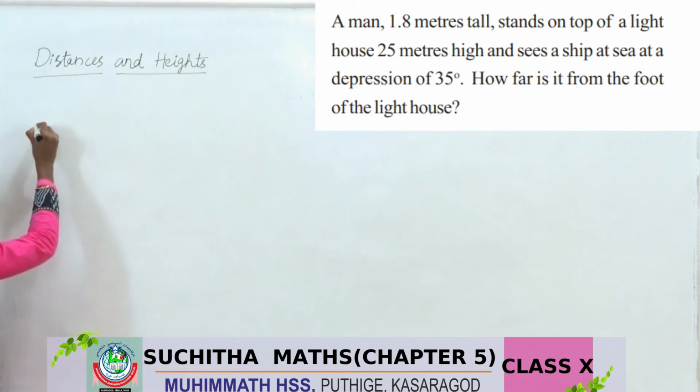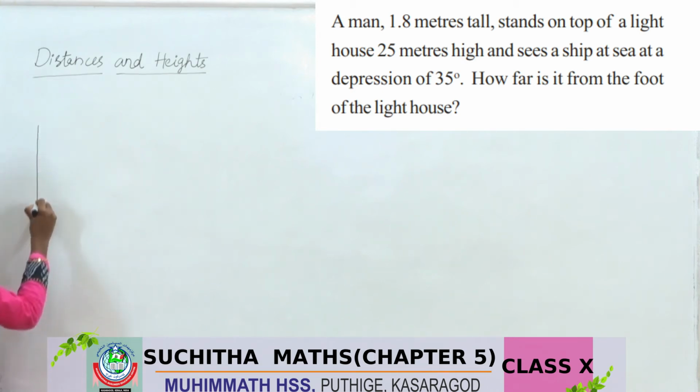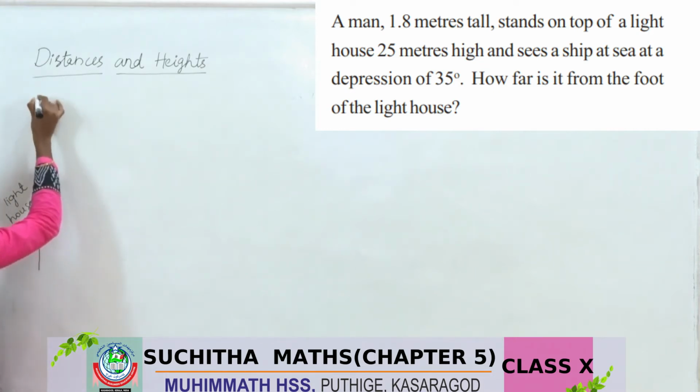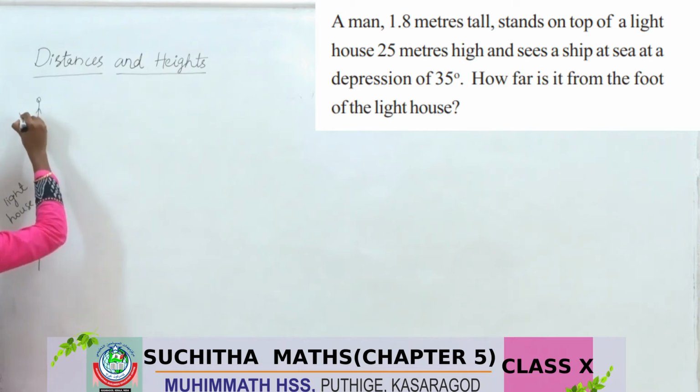So draw a lighthouse. This is the lighthouse. And a man is standing on top of the lighthouse and the height of the man is 1.8 meter. So the man is standing here, his height is 1.8.